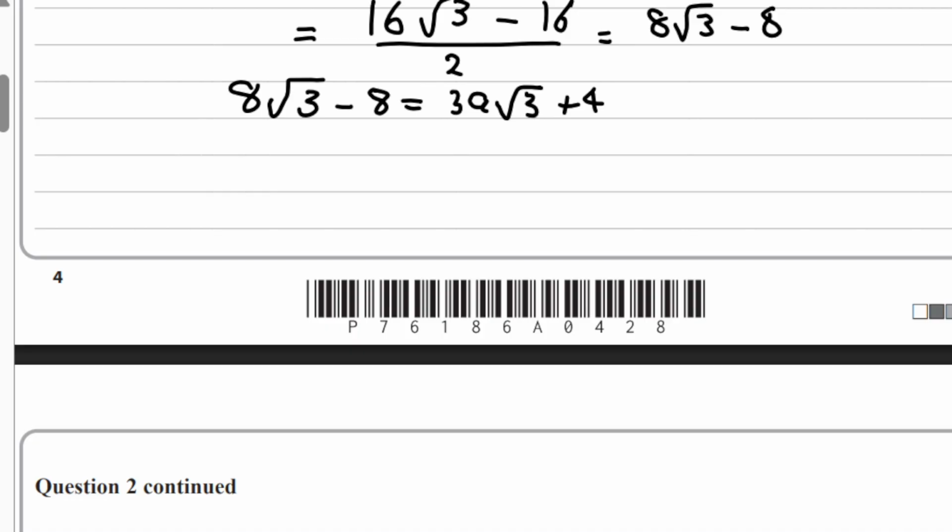minus 8. Now, to find a, we need to make a the subject. So how do we make a the subject? Minus 4 to cancel this 4. So you will have 8 root 3 minus 12 is equal to 3a root 3, right?